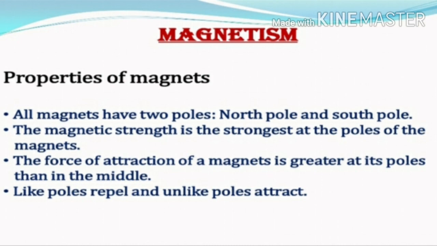Third, the force of attraction of a magnet is greater at its poles than in the middle. Fourth, like poles repel and unlike poles attract. Fifth, magnets attract magnetic materials such as iron, steel, cobalt and nickel.